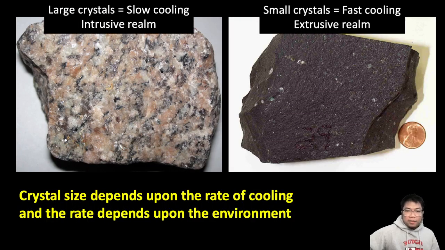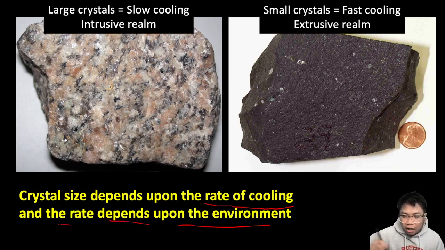Okay, let's go back to these large crystals or phaneritic texture and aphanitic texture. It turns out that the crystal size depends upon the rate of cooling, and the rate of cooling itself depends upon the environment where these rocks form. So for example, if I have an igneous rock that has large crystals, it simply indicates that during the formation of these rocks, it underwent slow cooling of magma.